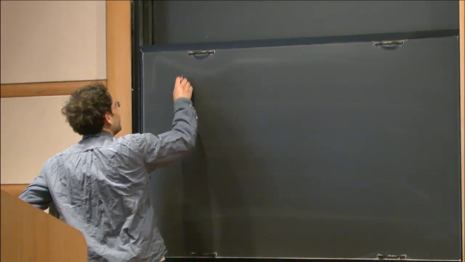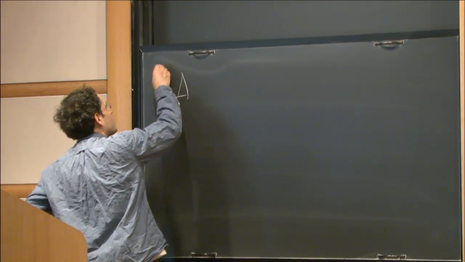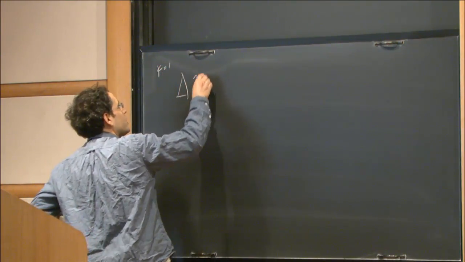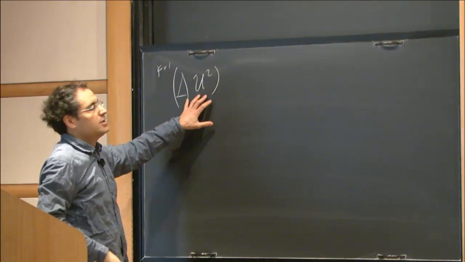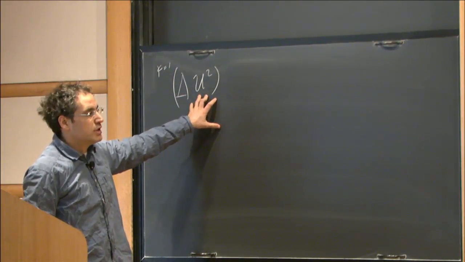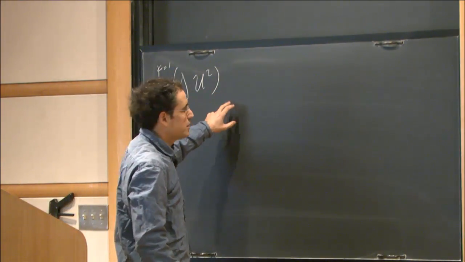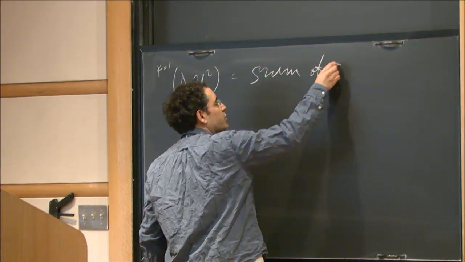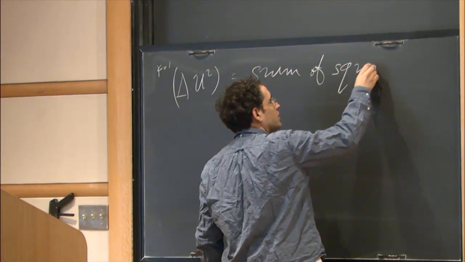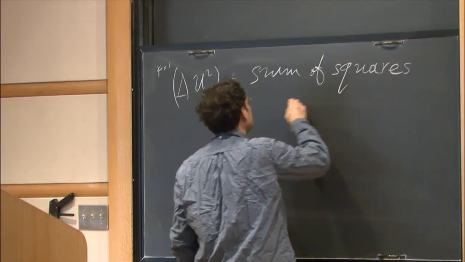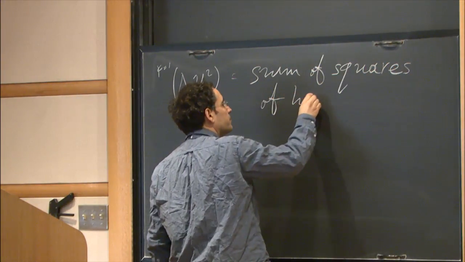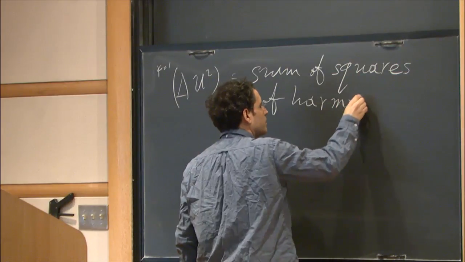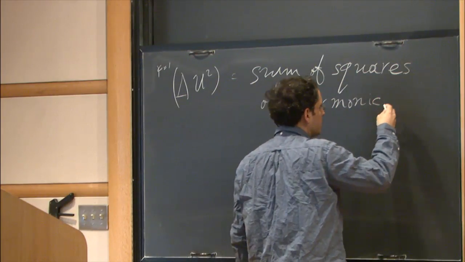So the point is that for k equals 1, Laplace of u squared is not only positive, and this is positive on any manifold, but it is in fact a sum of squares of harmonic functions in the case of R^n, or Z^n, or in fact any abelian group.